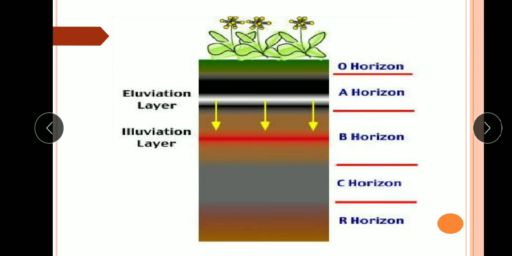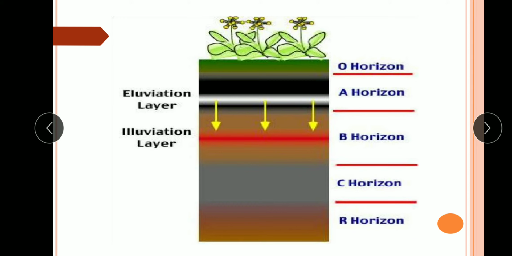This is the picture of the soil profile also. The soil profile consists of different layers in a horizon, that is the eluviation layer and the illuviation layer. Eluviation means transportation of dissolved or suspended material within the soil by the movement of water when rainfall exceeds evaporation.